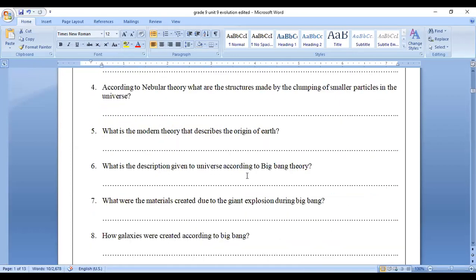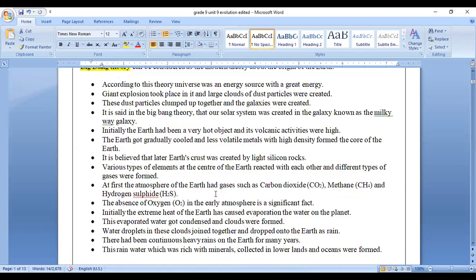Coming to the next question. What were the materials created due to the giant explosion during Big Bang? Okay, according to these people, in the universe, there was a giant explosion. And that giant explosion created large clouds of dust particles.